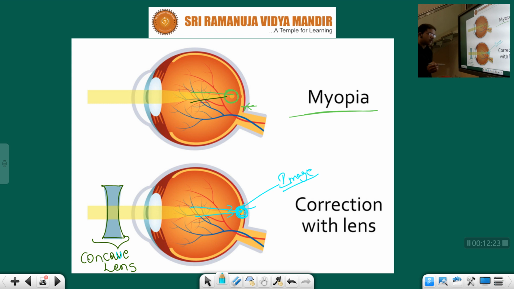Why are we talking about the power of the lens? In turn it adjusts the focal length. Whenever the focal length is adjusted, we can make the light rays fall on a specific point, that is nothing but the retina. So this entire thing is due to the lack of adjustment of focal length by the eye on its own. So artificially we are changing that focal length by changing the power of the lens.